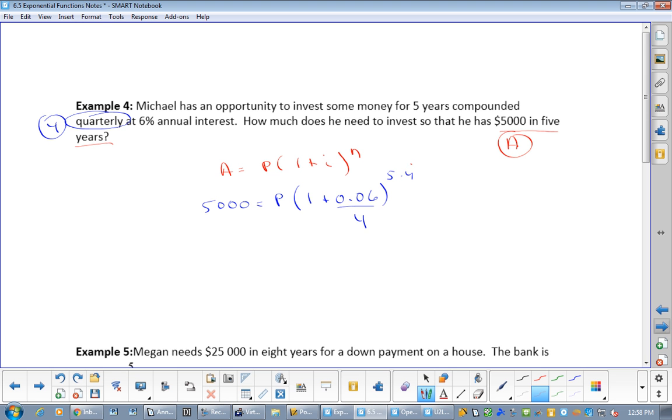Again, I'm circling the 4 to make sure that's there, and it comes from the quarterly 4. Now what I want you to do, we're going to leave the 5,000 on this side equals P. What I'd like you to find is this answer, just this that I'm putting in the box. So bracket 1 plus 0.06 divided by 4. Close that bracket, to the exponent, and open your brackets because 5 times 4 needs to be together.